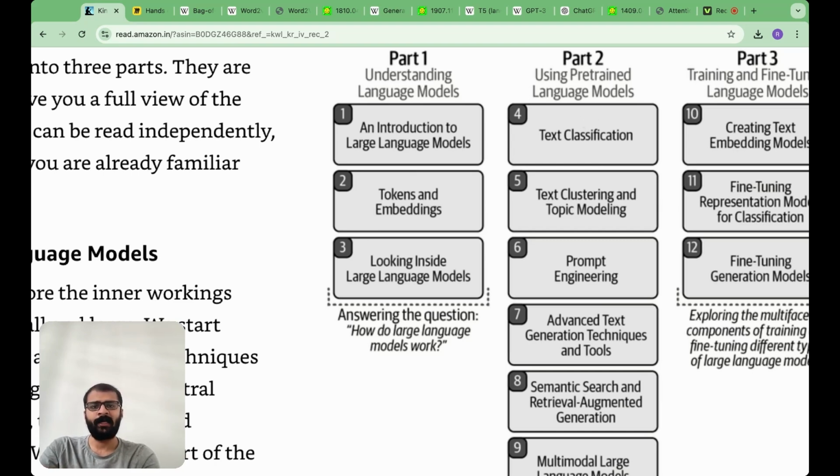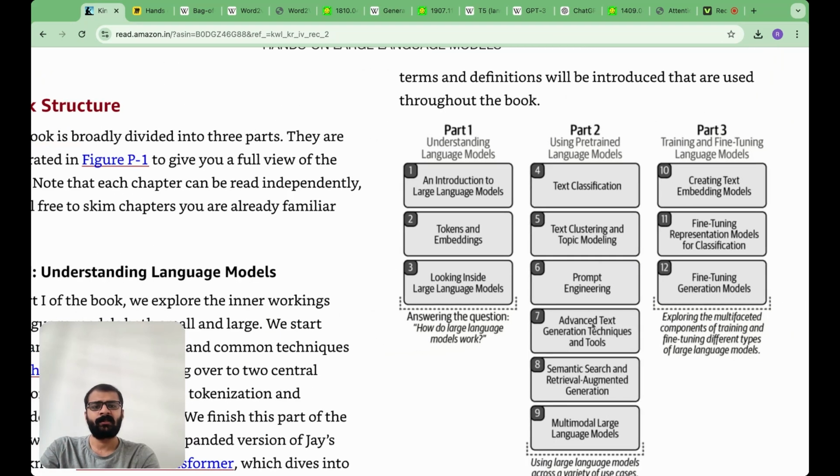Here is where the application really comes into the picture. We'll see several applications such as text classification, text clustering, topic modeling, prompt engineering, advanced text generation techniques and tools, semantic search, retrieval augmented generation, and even multimodal large language models.